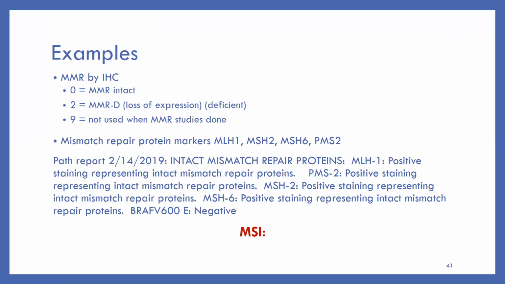Then the path report goes on to tell us that these are positive, representing an intact mismatch repair protein. So all of these are intact. So the MSI for this case would be a 0. It's all intact. And I would probably text the date and MMR intact. That's really all you need out of this report.